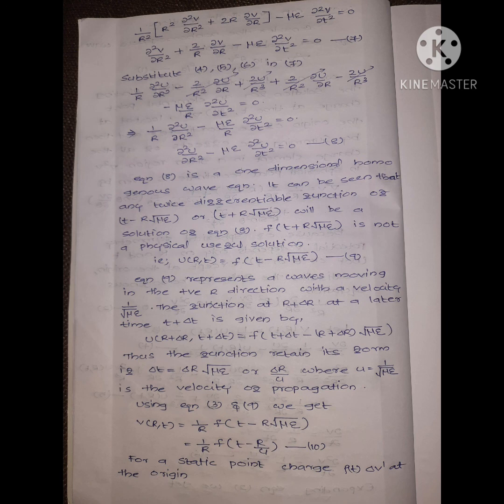From the equation of u(r,t), we write v(r,t) = (1/r) f(t − r√(με)).